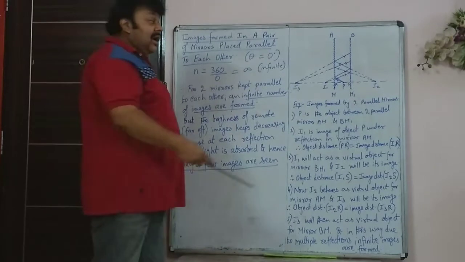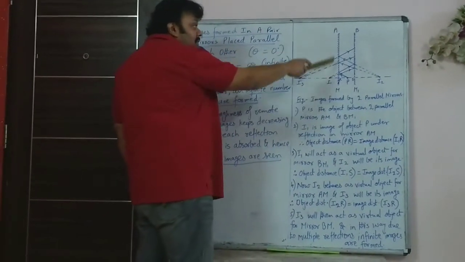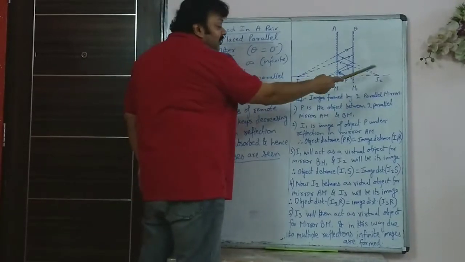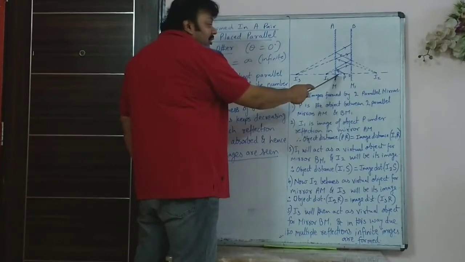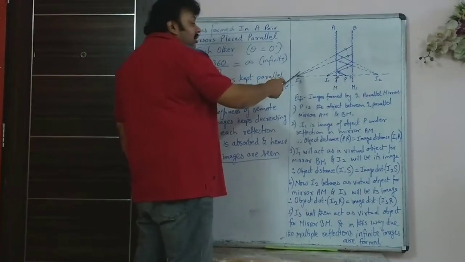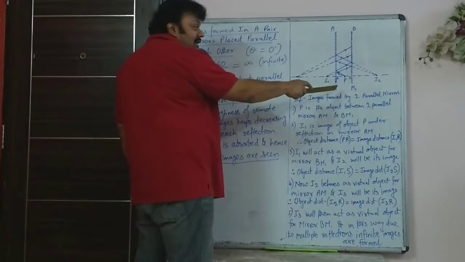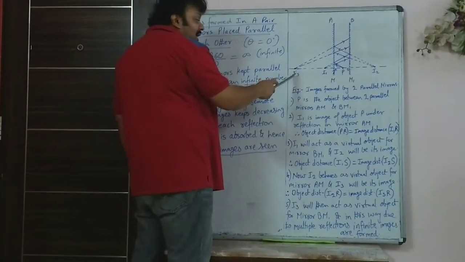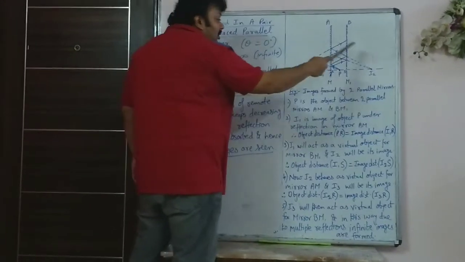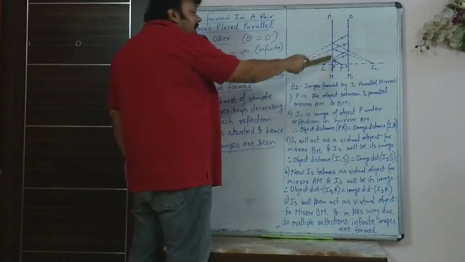Now the next case is I2 will now behave as a virtual object for the mirror AM, which has the reflecting surface facing I2. So I2R will be the object distance and at an equal distance on the other side of the mirror AM, which is now the reflecting mirror, you will get the image I3. So I3 is the image of virtual object I2 under reflection in the mirror AM.